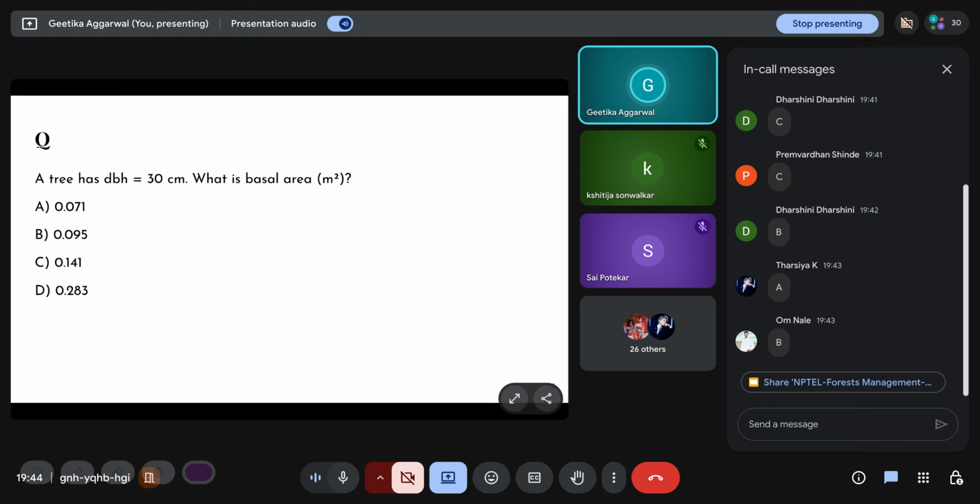So a tree's diameter at breast height is 30 centimeters. So what is the basal area?